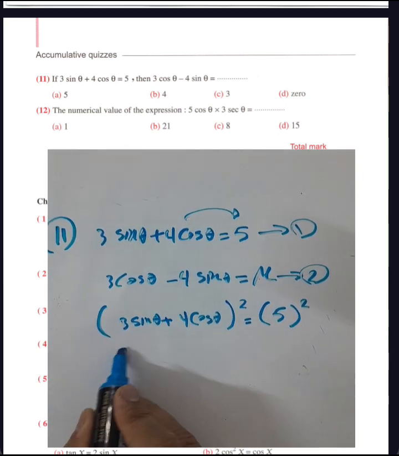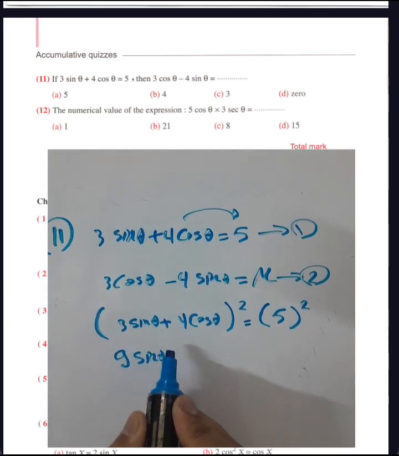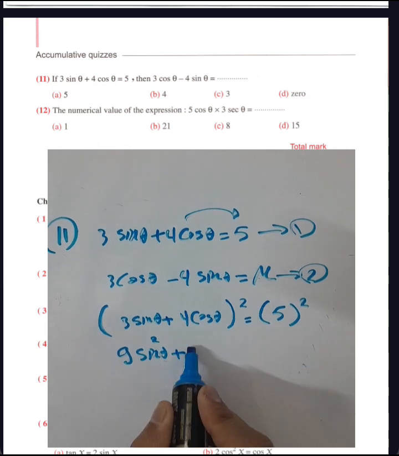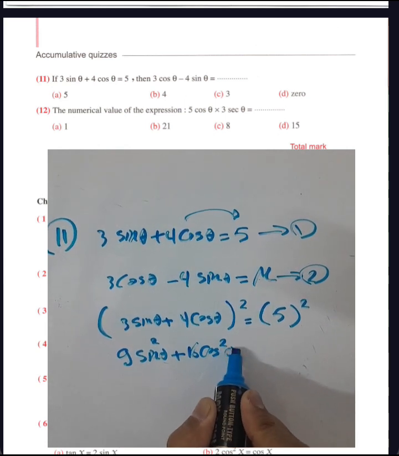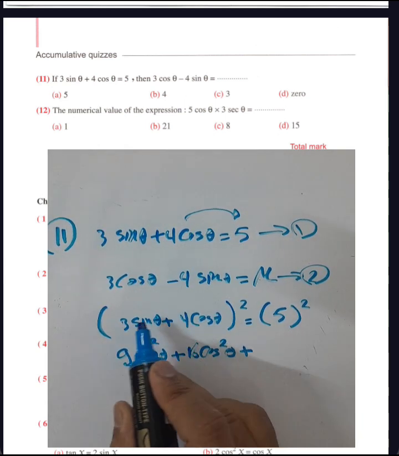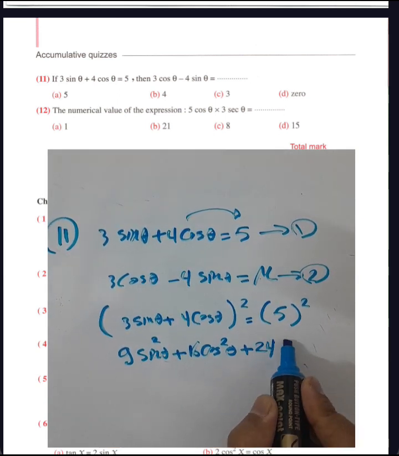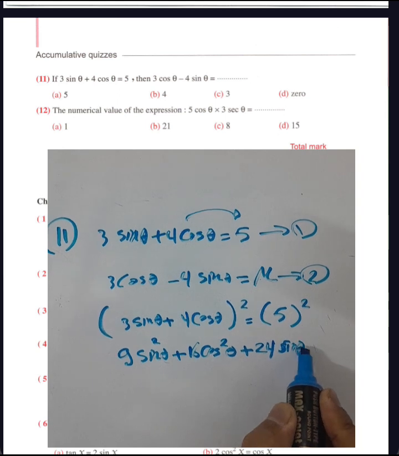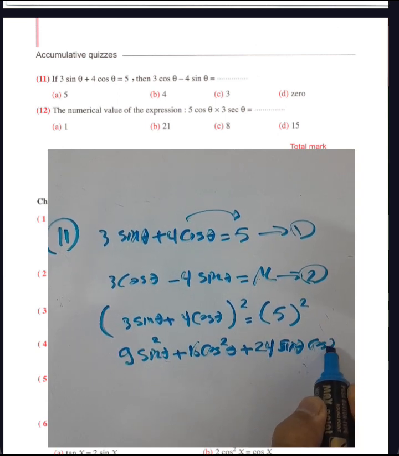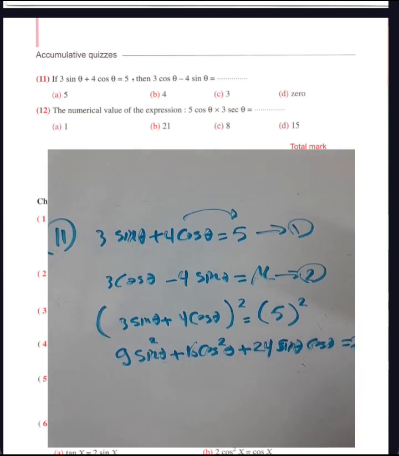It will be 9 sine power 2 theta, 4 power 2 it will be 16 cosine power 2 theta. Right, 2 times 4 times 3, 3 times 4 is 12, times 2 is 24 sine theta cosine theta, equal 25.